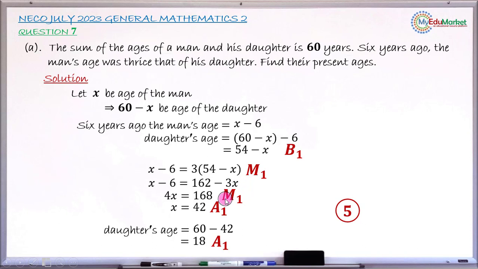And when you have either the age of the man as 42 or the age of the daughter as 18, depending on which you found first, you have accuracy 1 mark. And when you have the second answer, either the age of the man or the age of the daughter, you have another accuracy 1 mark. So in total, this question has 5 marks.